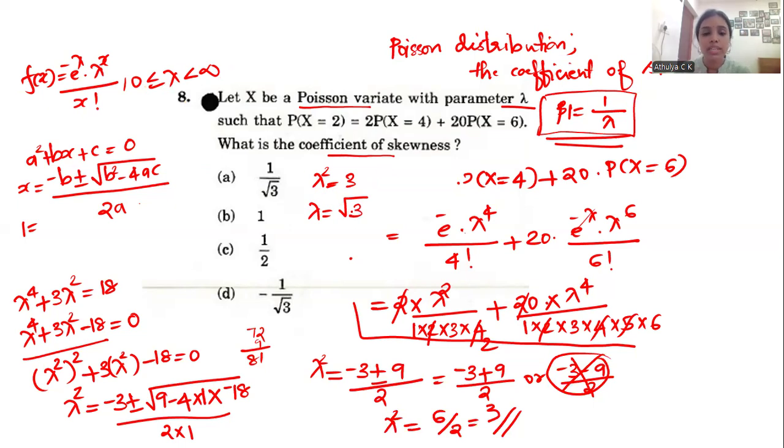So we need to consider only the positive square root. So we got lambda is equal to root 3. Then the coefficient of skewness will be beta 1 is equal to 1 by lambda, which is 1 by root 3. So the answer is 1 by root 3. Option A is the right answer.